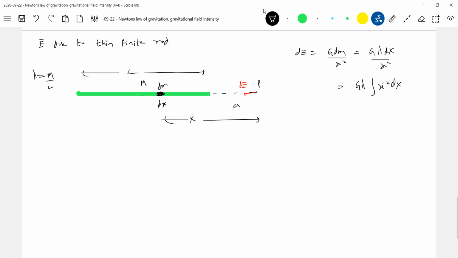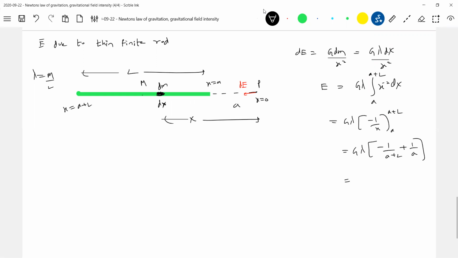In what region is the mass present? From x equal to a, this is x equal to 0. Limits, if I put it, it will be like this, no? x equal to a plus L. So the mass is distributed from x equal to a to a plus L. So G lambda, and what is lambda?